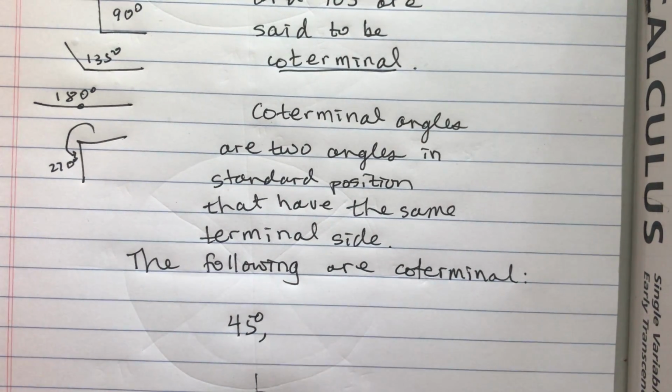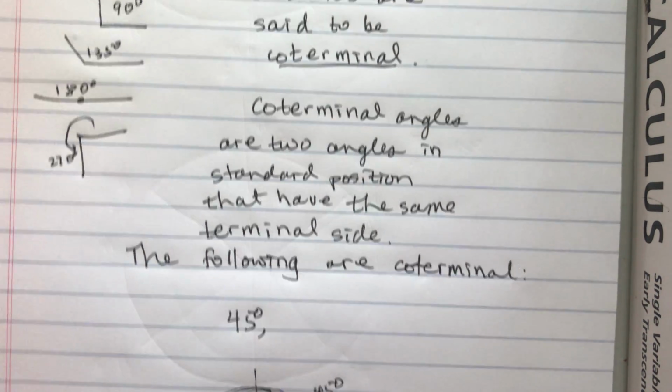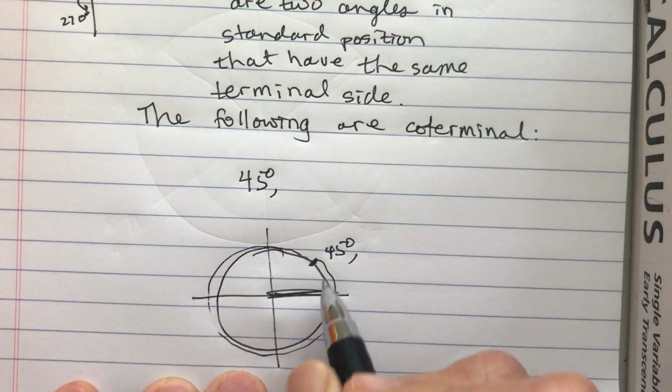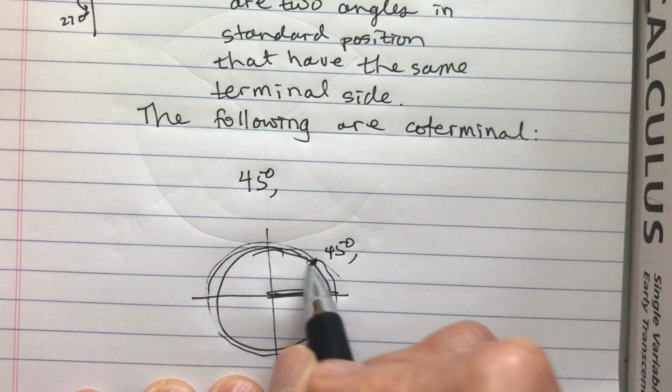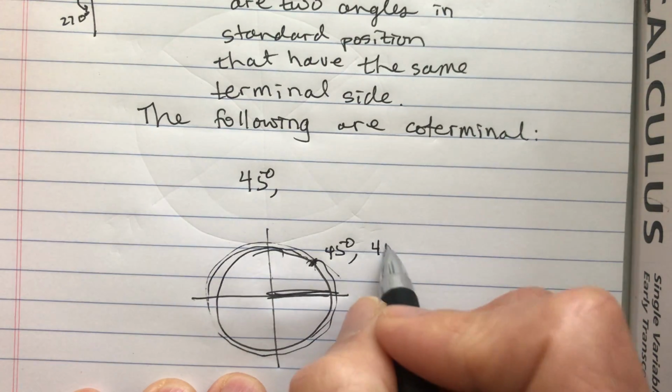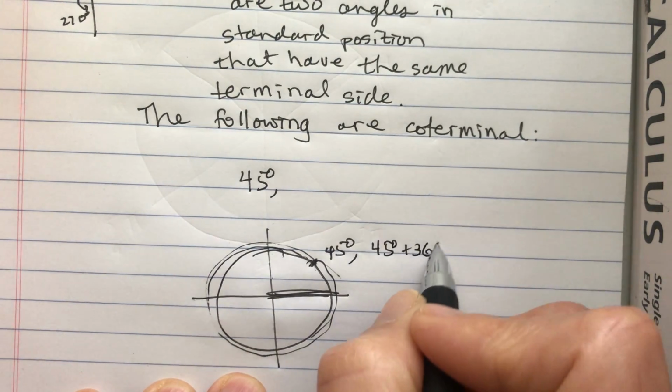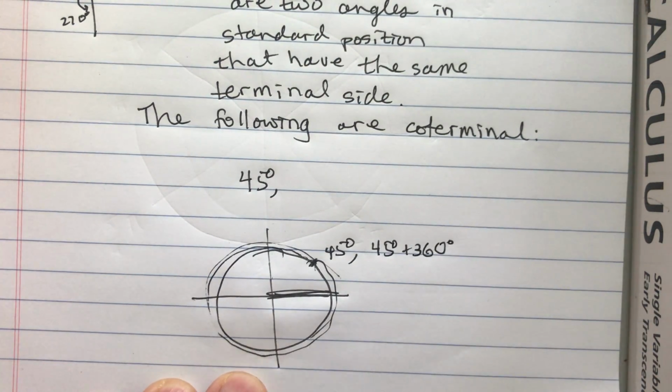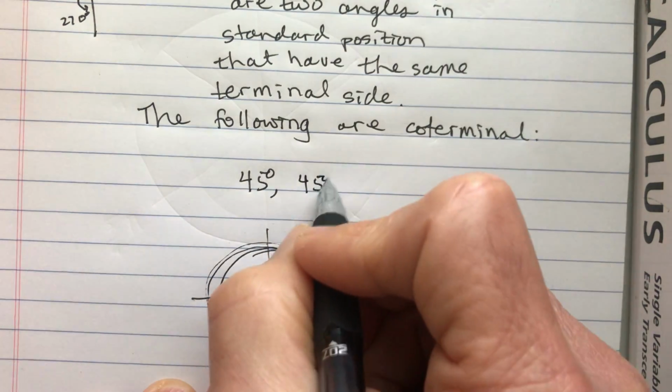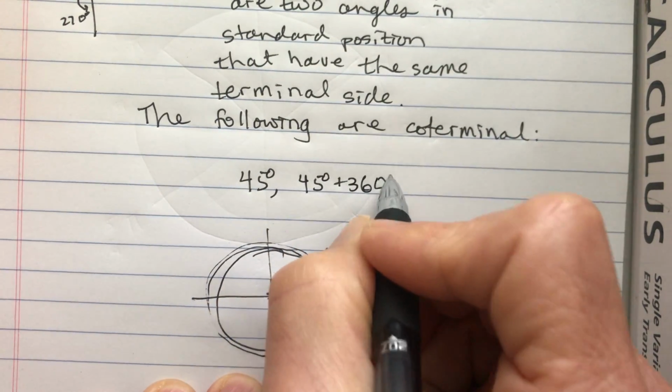So here I start, I go 45 degrees. If I go once around the circle, I get that I'm adding 360 degrees. Once around the circle is 360 degrees.